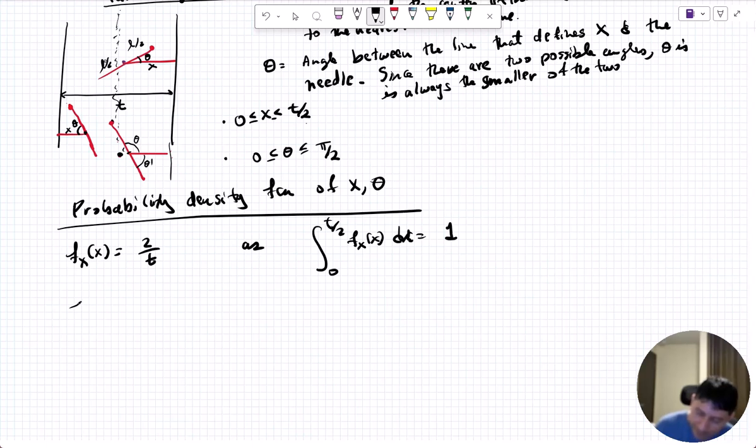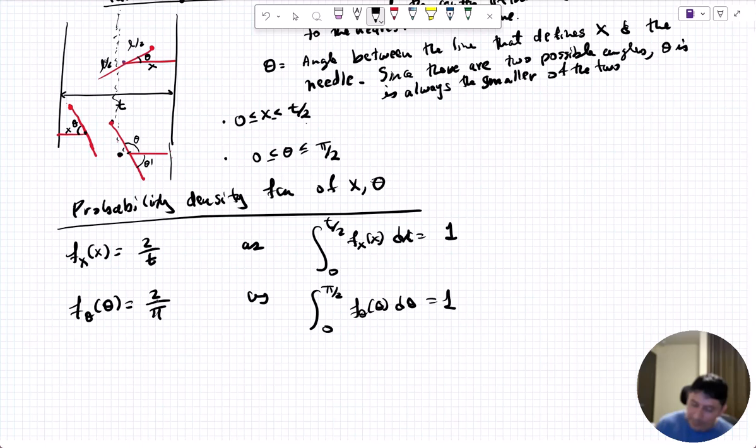Same thing for theta. It's going to be 2 over pi, as the integral from 0 to pi over 2 of f of theta d theta must equal 1. Now, if you choose this constant, this integral will indeed be 1.